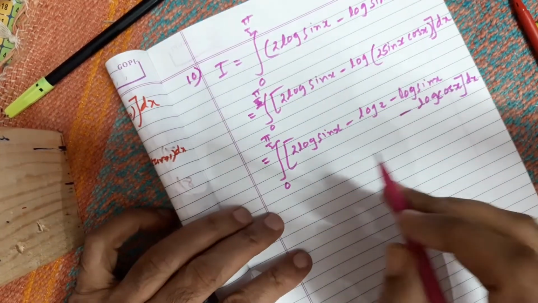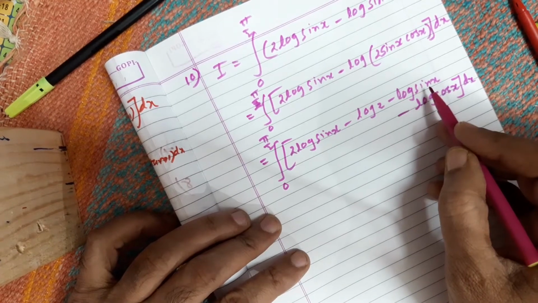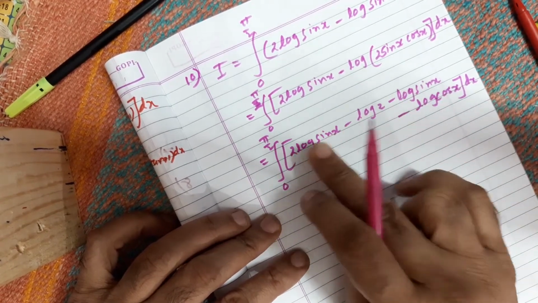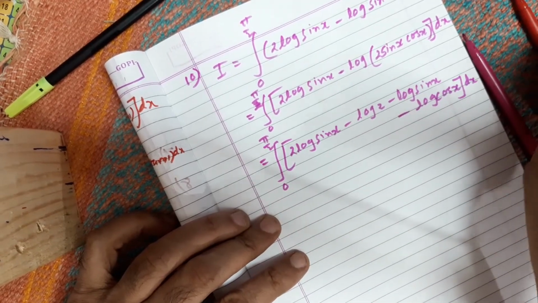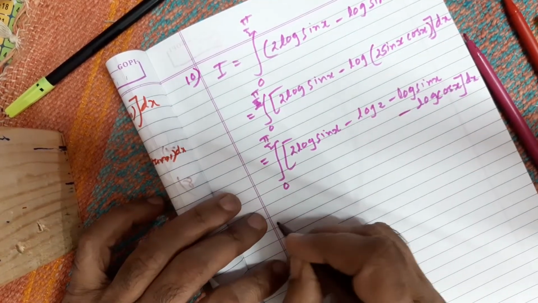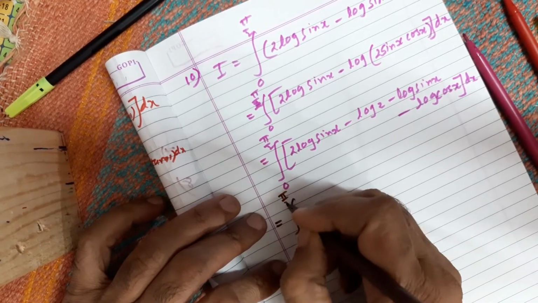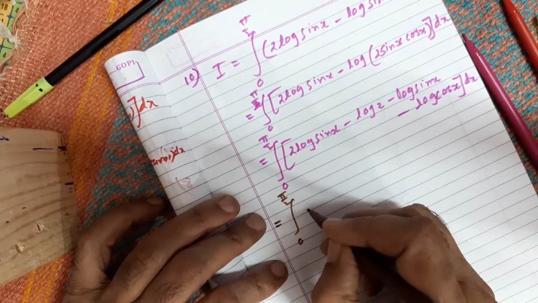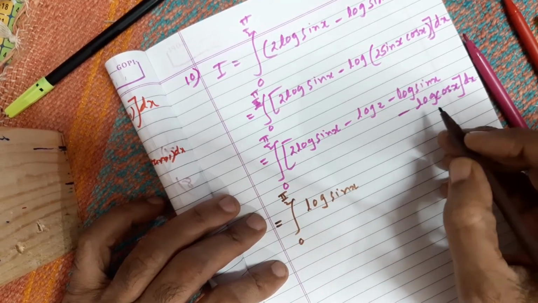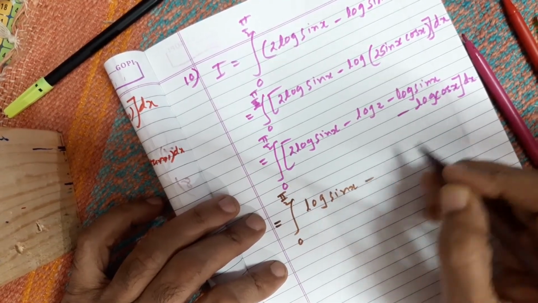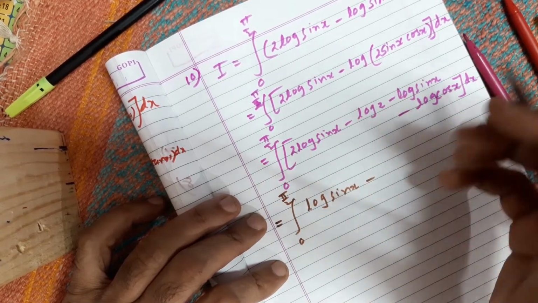Okay, now see 2 log sin x minus log sin x, then you can take this subtraction, so it will be simply log sin x plus log sin x हो जाएगा ना. So it is equal to 0 to pi by 2, it will be log sin x, then minus this thing log cos x, and minus log 2 I write in the end.